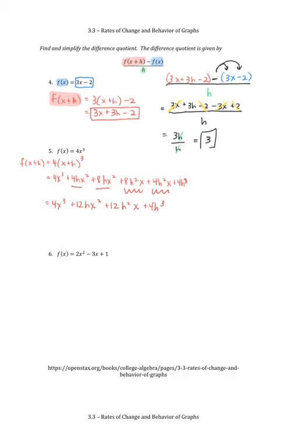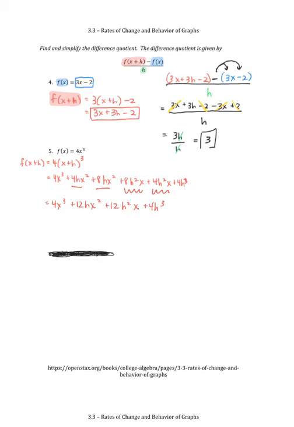We're going to subtract f of x from that and then divide by h. Okay, so let's see. For now, I'm going to cross this one out, so we're just going to keep working down.